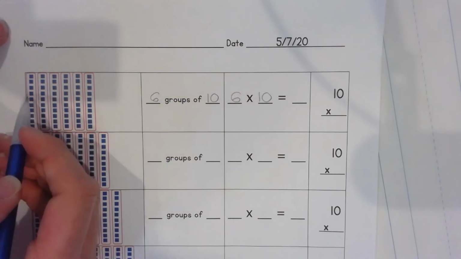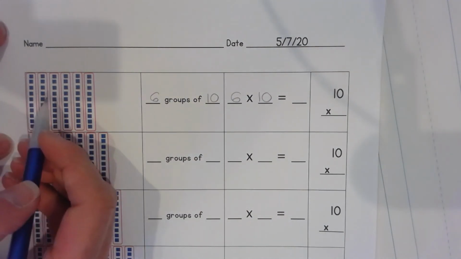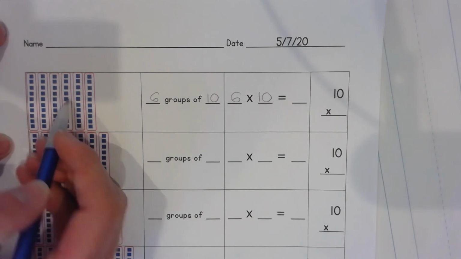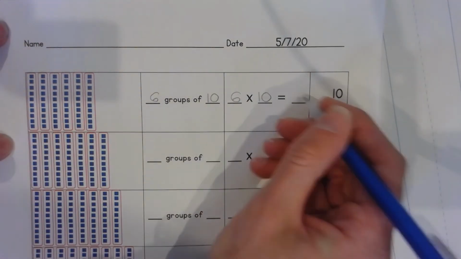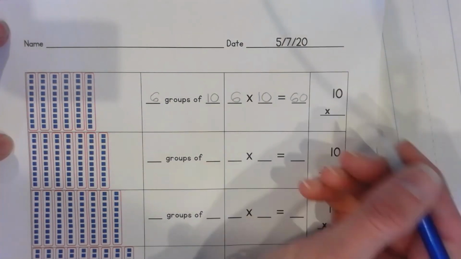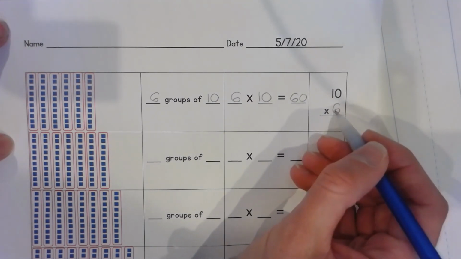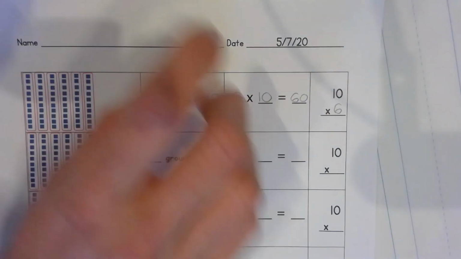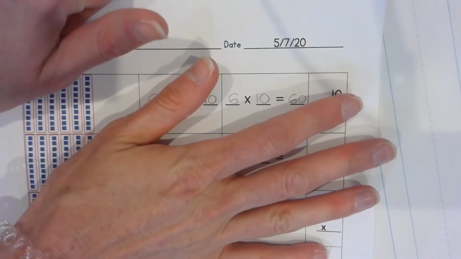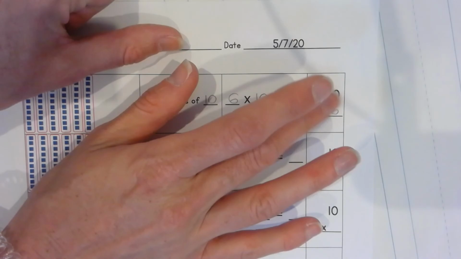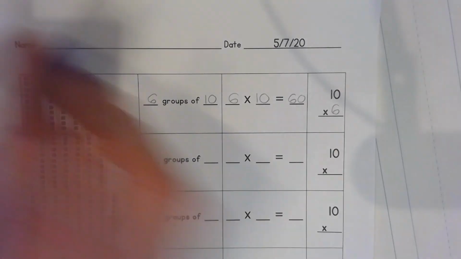We have to count by 10 6 times: 10, 20, 30, 40, 50, 60. And then 10 6 times, or 10 times 6, equals, you have to get to this many fingers. 10, 20, 30, 40, 50, 60.